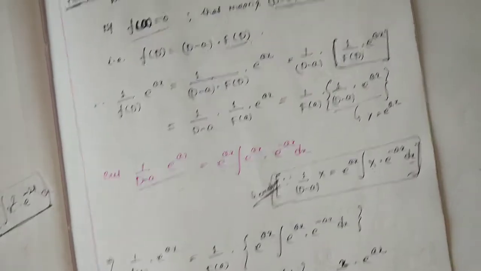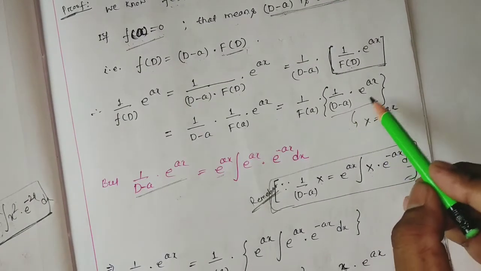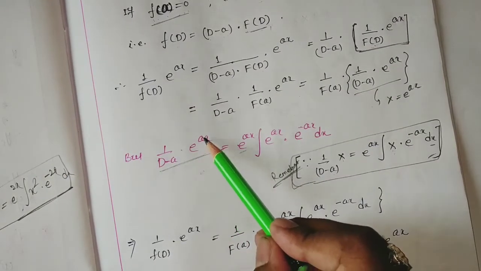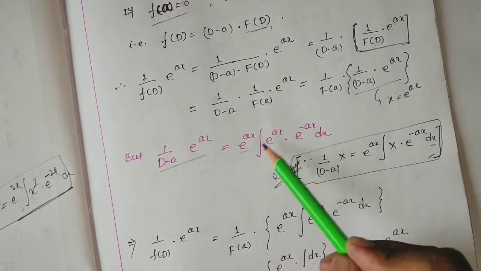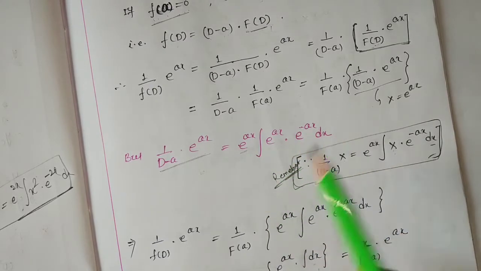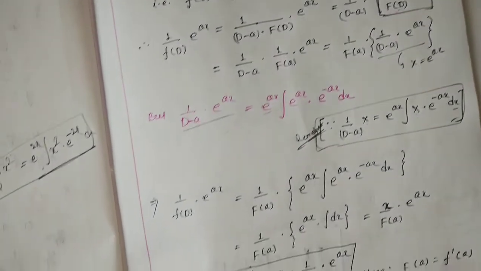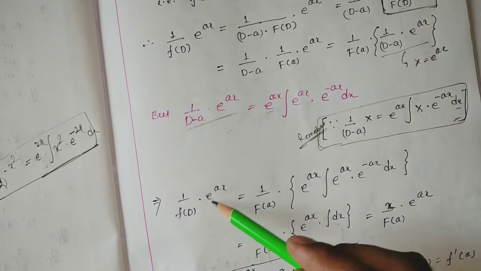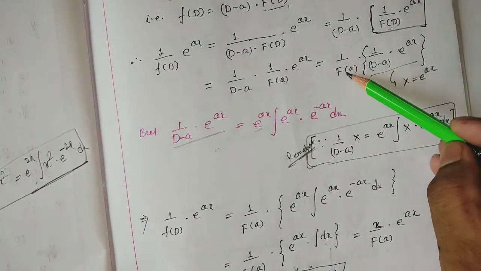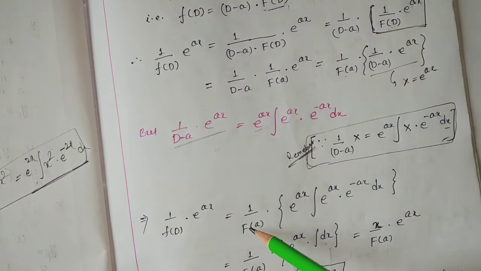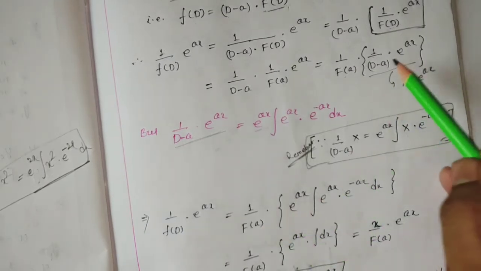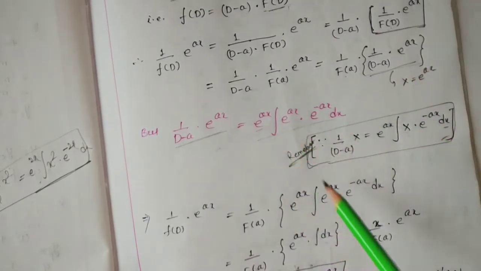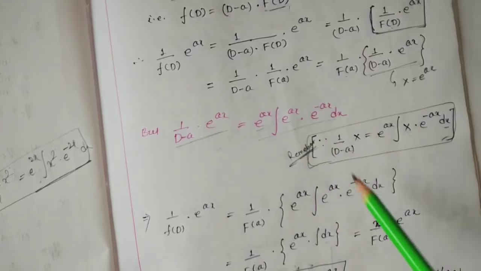So here, as X equals e to the power x, 1 by (D minus a) e to the power x can be written as e to the power x integration of e to the power x into e to the power minus ax dx. That implies 1 by f of D e to the power x will be equal to 1 by f of a, capital F of a, into e to the power x integration of e to the power x into e to the power minus x dx.